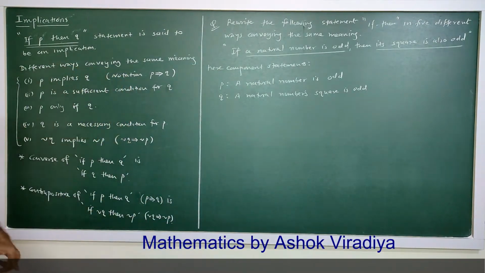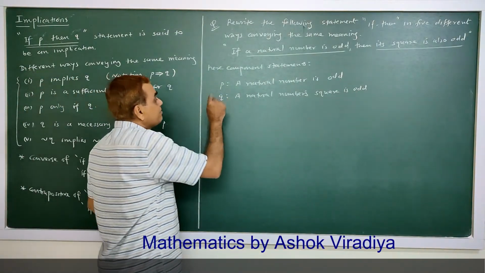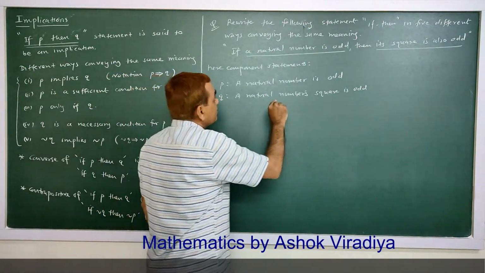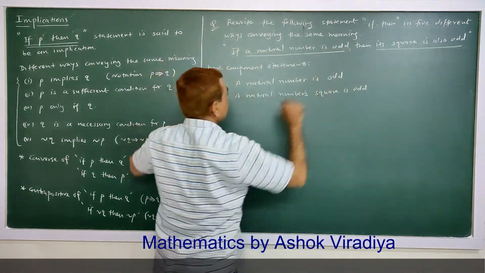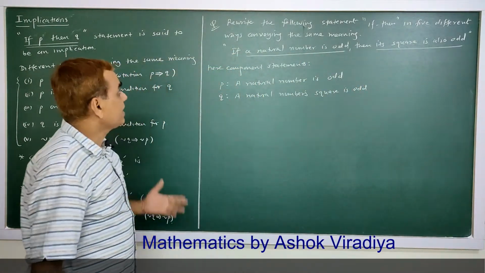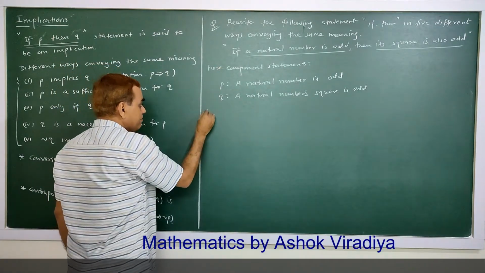See, the first way is P implies Q. So here I am rewriting this given statement in 5 different ways conveying the same meaning.